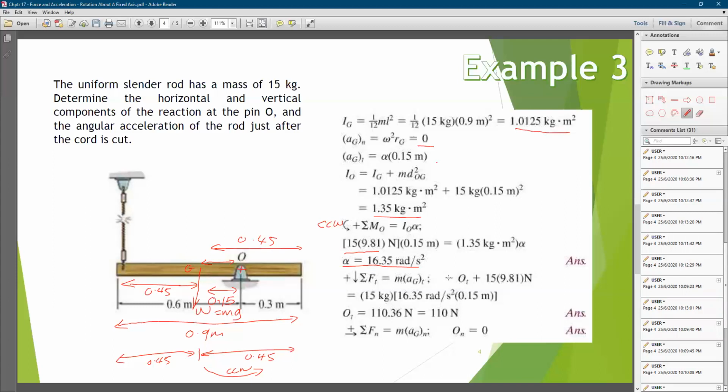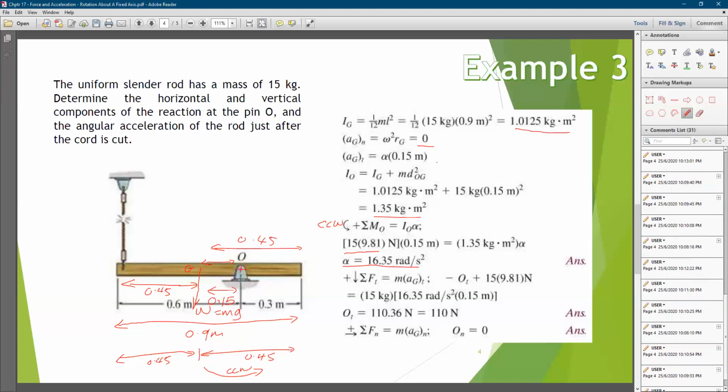And then you can see that the tangential reaction at point O, OT, should be going up, because it supports the weight of this rod.